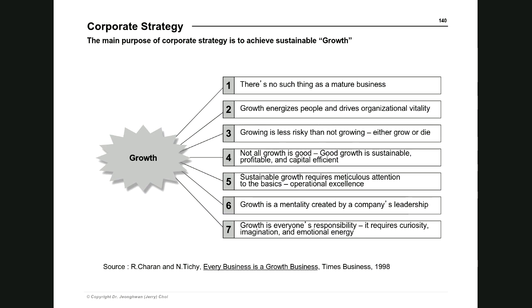Long story short, the purpose of the corporate strategy is to win without fighting. More specifically, the main purpose of the corporate strategy is to achieve the sustainable growth of your business, your organization, your corporation.